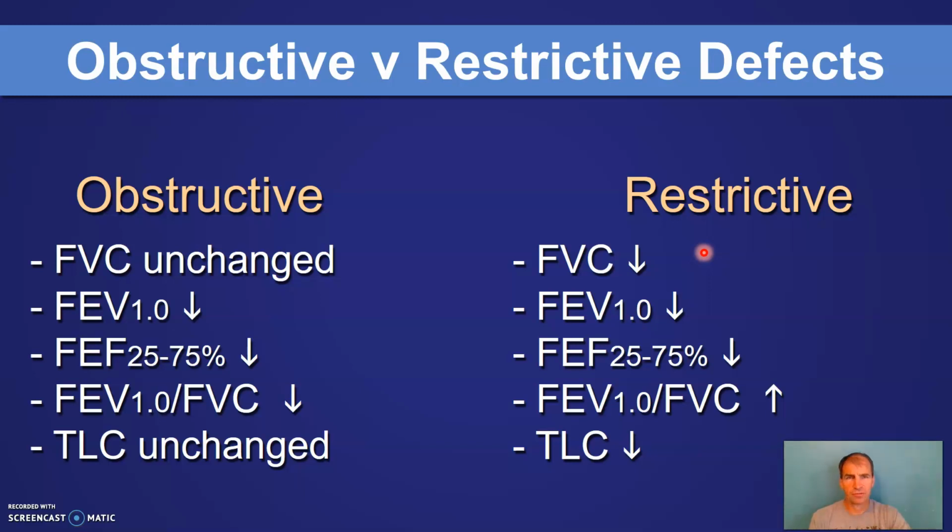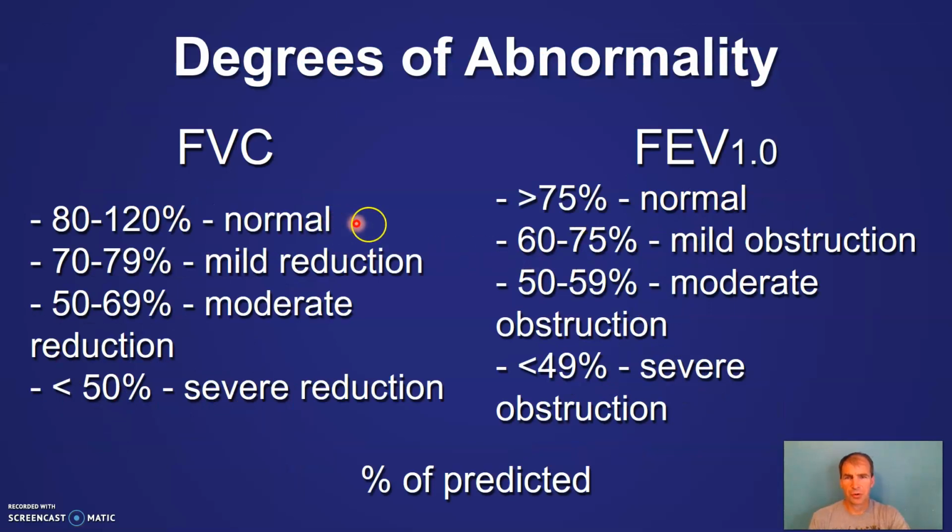So obstructive, restrictive. The next couple slides just go through what's normal and what's not normal with these. Pretty much the rule of thumb is once you get below 75% of your age predicted, in other words, what you should be for your age, your height, your weight, your gender, somewhere around 70 to 80% below normal, that's usually what we start considering abnormal.